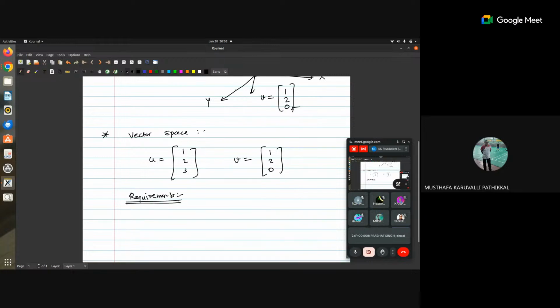If they are satisfied, then we can say that if you have all linear combinations, say cu plus dv, if all combinations of this form a space, then we call this a vector space.